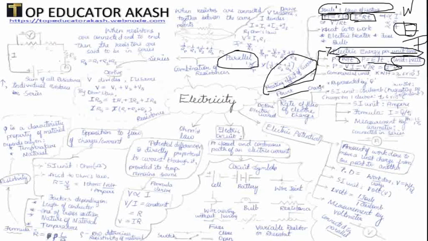Similarly we will get the commercial unit for power, that is kilowatt hour. As I am explaining, just download this mind map and keep it with you, you can observe there. What is the formula for power? P is equal to VI, and what is the commercial unit?